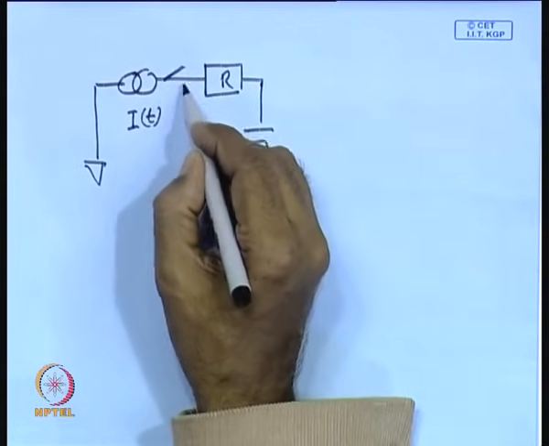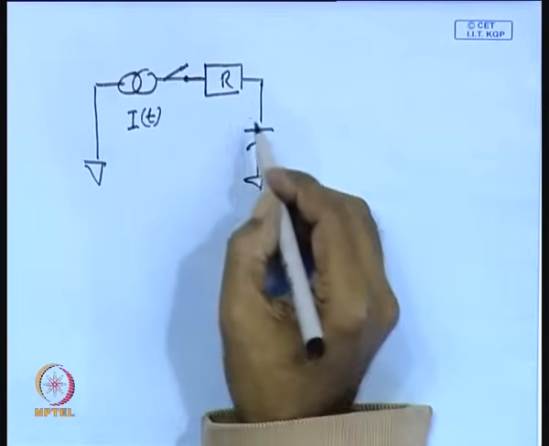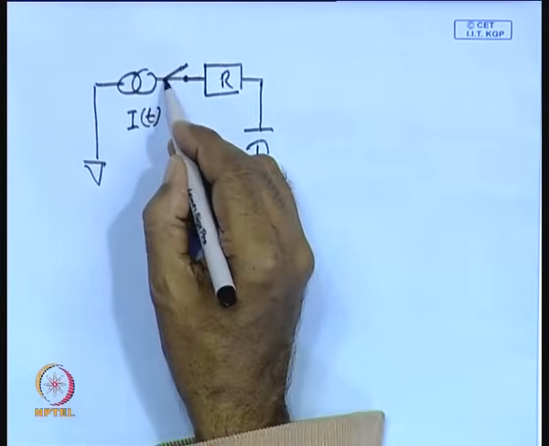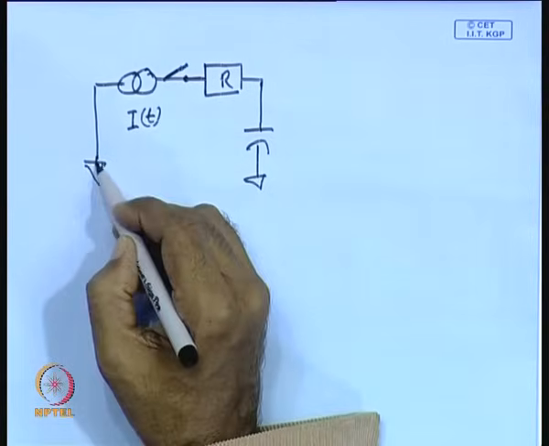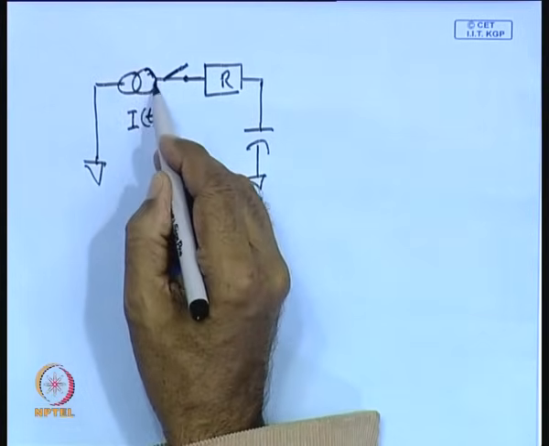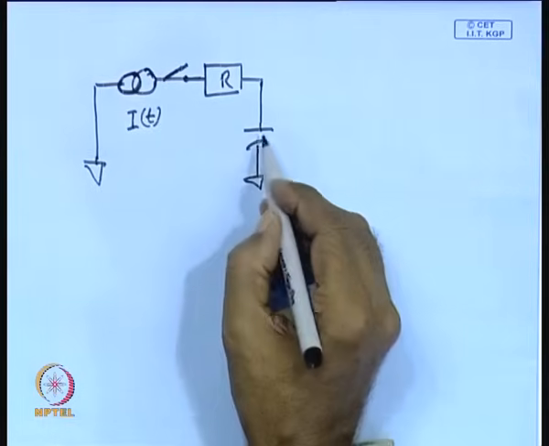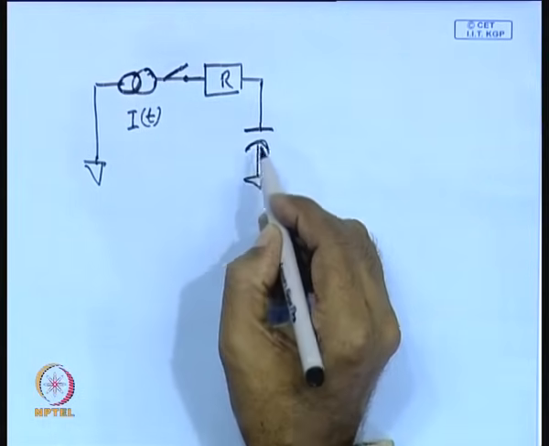So, at time t equal to 0, the charge across this capacitance and so on. In such a case, this current is no longer constant, and let us see what will be the equation for current.